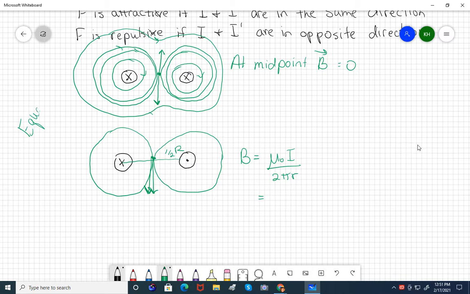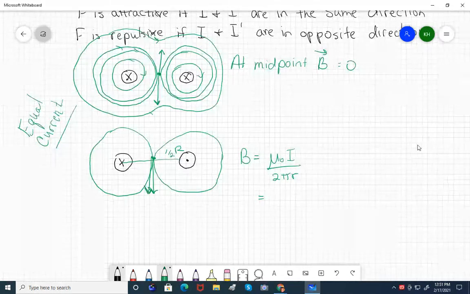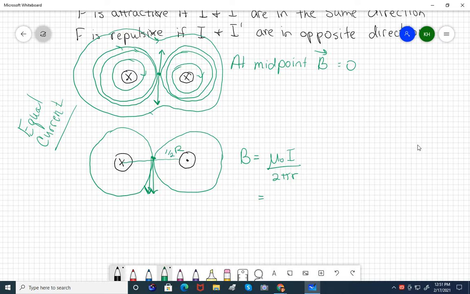If they're not equal currents, then these will not cancel out to be 0. They won't have the same strength. I should have made that clear earlier. If the current is the same and they point in the same direction, then at that midpoint, they'll cancel out. Now, if one of them has a larger current than the other, it will not be 0 at the midpoint. The larger one would dominate.